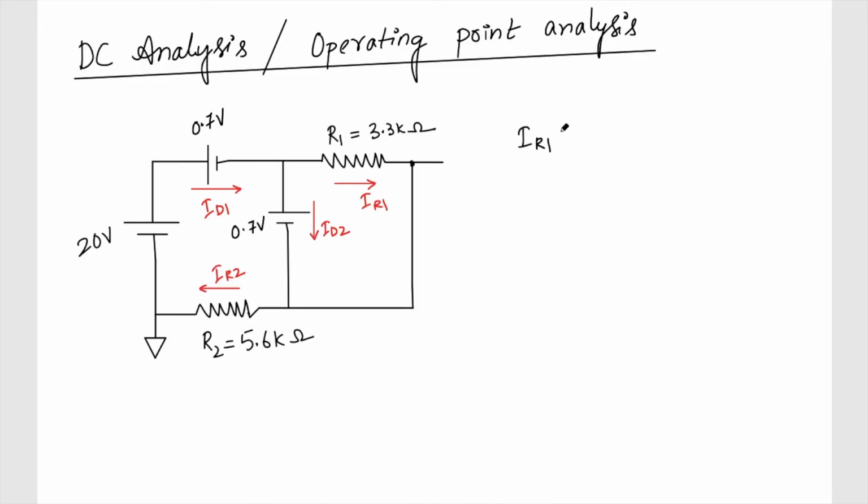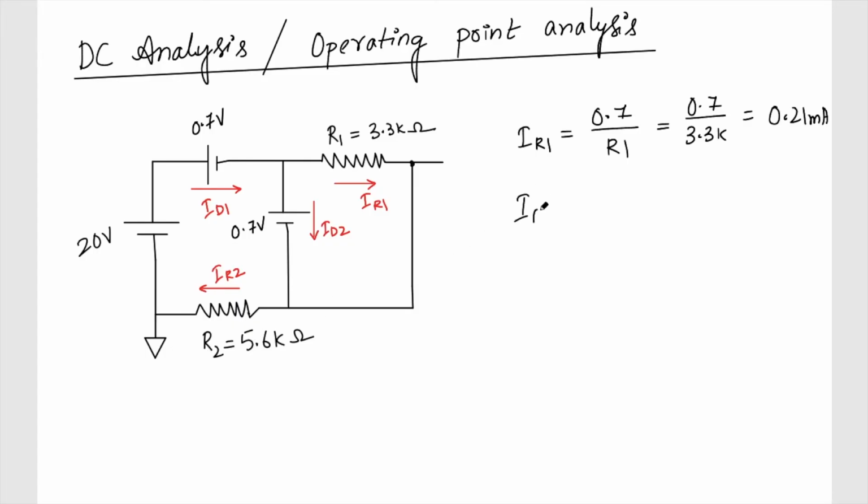IR1 is basically given by the voltage drop across this resistor. This at higher and this at lower is 0.7. So 0.7 by this R1, which if you put 3.3, then IR1 is 0.21 milliampere.